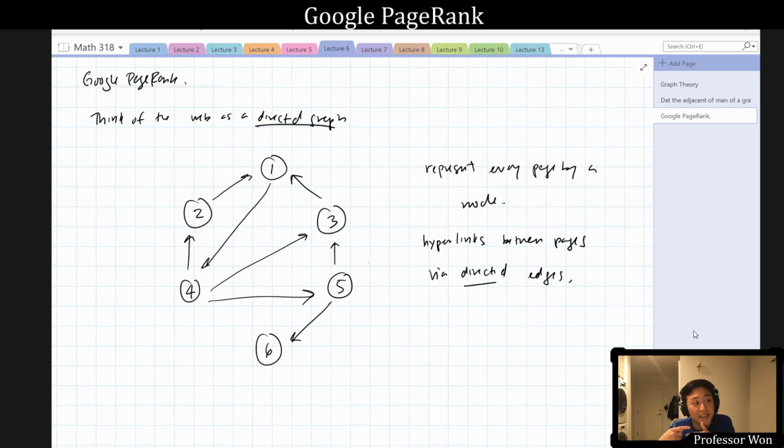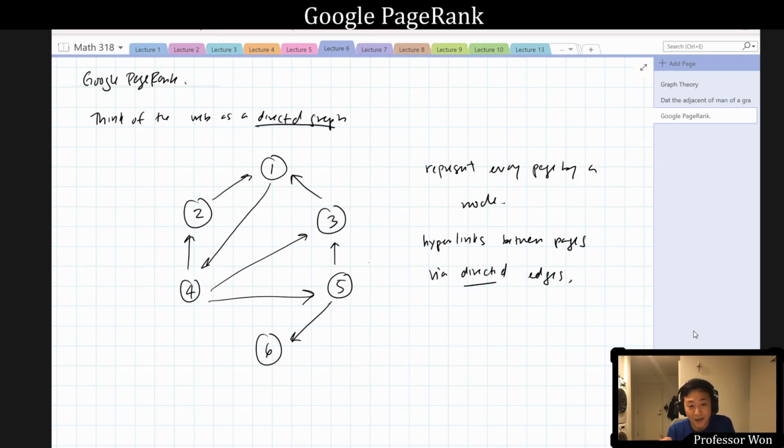But there's a second step, which is that it's not just the number of pages that link to you that says you're an important page. It's also the importance of those pages, right? So an important page will have a lot of links coming to it, and those links are also coming from important pages.